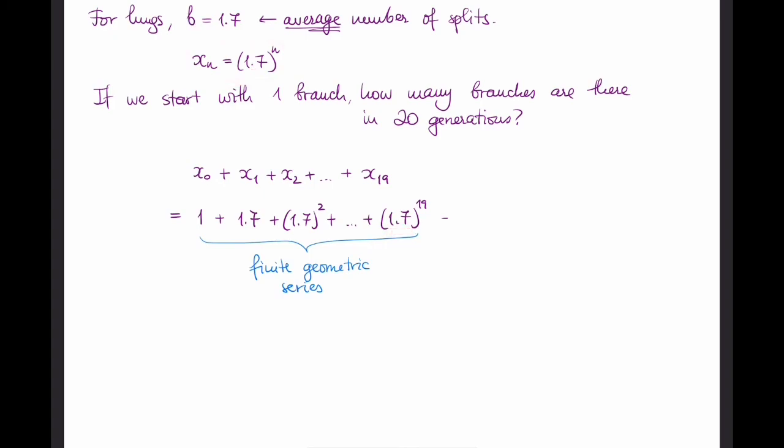We can apply that formula anywhere, and the formula altogether is 1 minus 1.7 to the power of n plus 1, so to the power of 20, divided by 1 minus 1.7. If you compute this number, this turns out to be just above 34,150 branches. So this means that by the time we get to the alveoli air sacs, our lungs have constructed over 34,000 branch segments. That's a big number for the human body to contain.